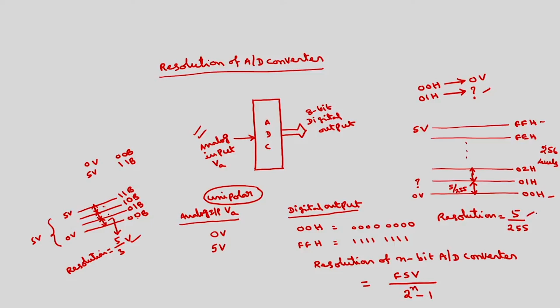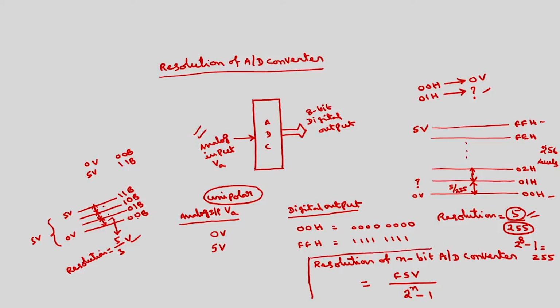In this case, full scale voltage is 5 volts and this 255 is nothing but 2 raised to the power of 8 minus 1, because the number of bits is 8. 2 raised to the power of 8 is 256, minus 1 is 255.